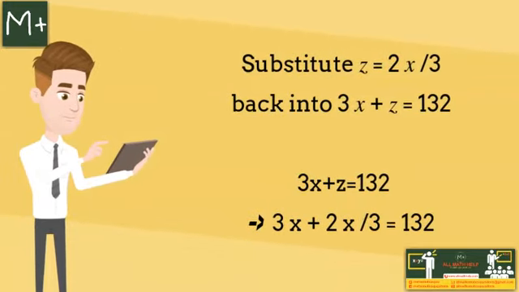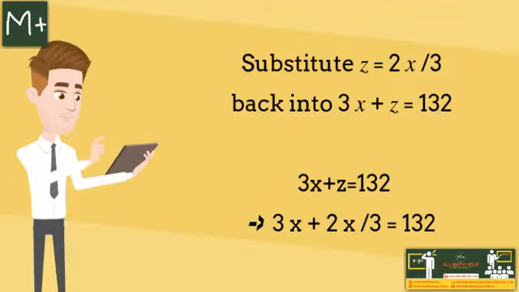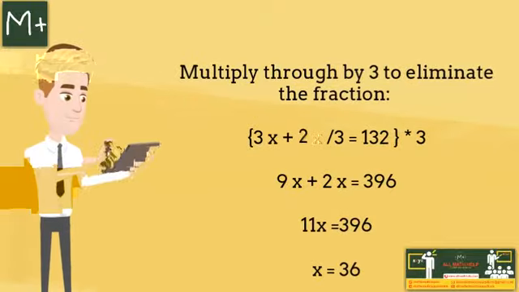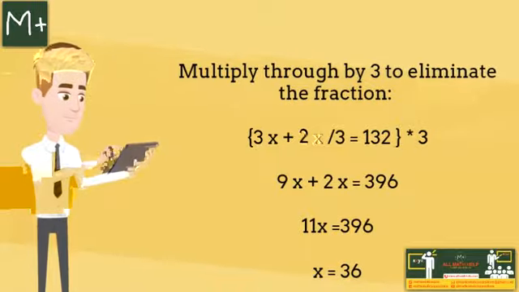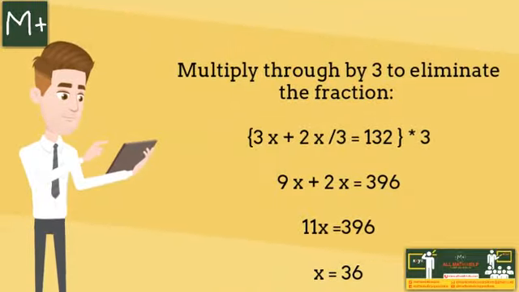We calculated z equals 2x by 3, and we will put this value in 3x plus z equals 132. So the new equation becomes 3x plus 2x by 3 equals 132. We have 3 in the denominator, and to eliminate 3 we will multiply both sides by 3.